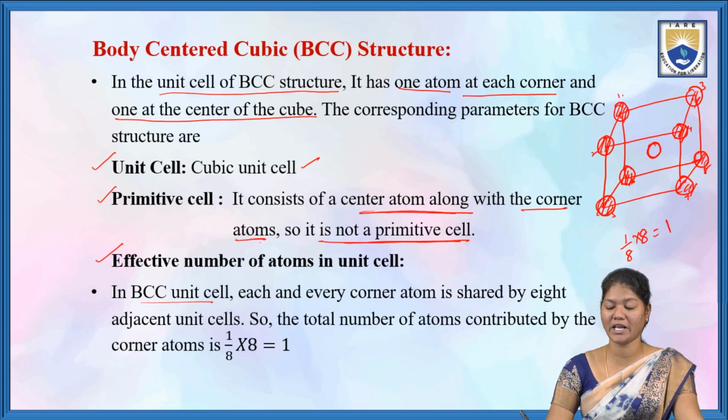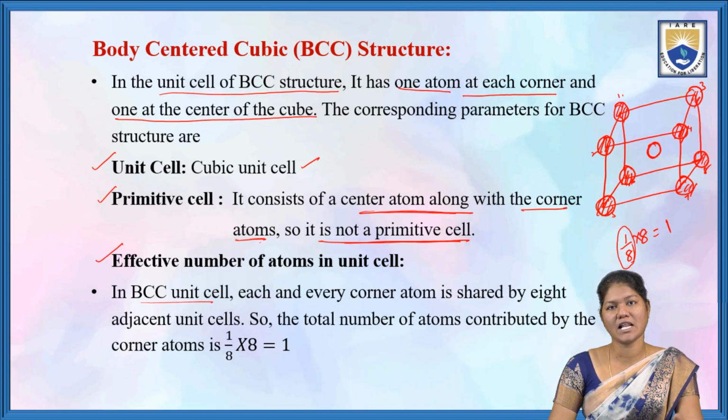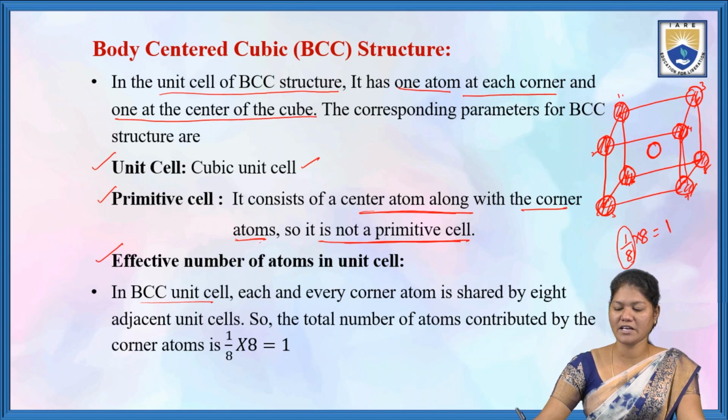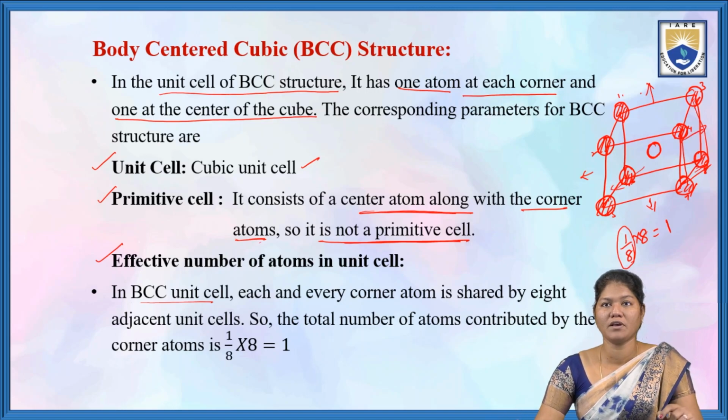This 1 by 8 is the sharing of the atom with the adjacent unit cells. So here also at 8 corners: left, back, this side, down, up, front, and back.